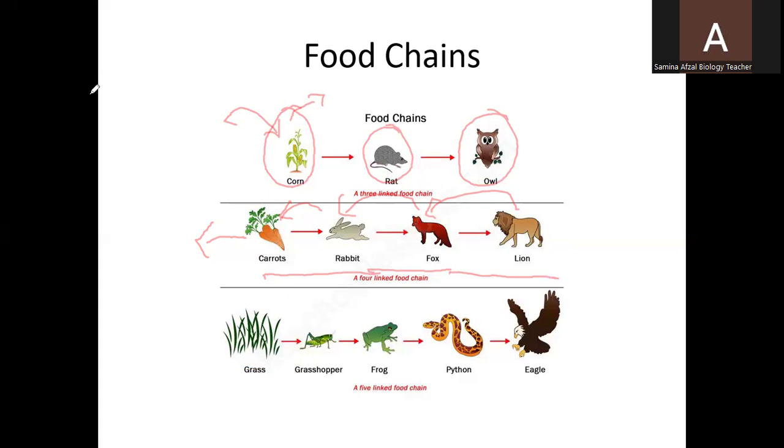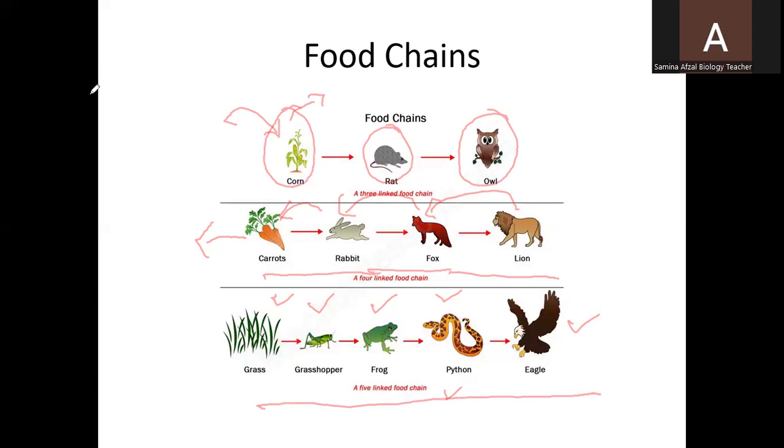In the third example, the grass will be eaten by the grasshopper, and the frog will depend on the grasshopper, and the python or snake will eat those frogs, and then the eagle will depend for food on the python. So in this way, the energy will be transferred from producers to the other organisms.